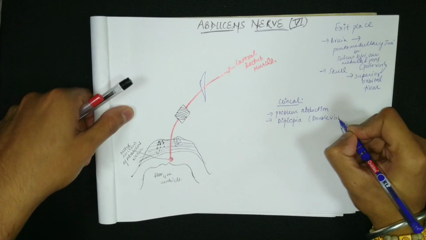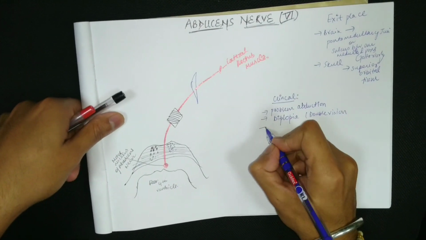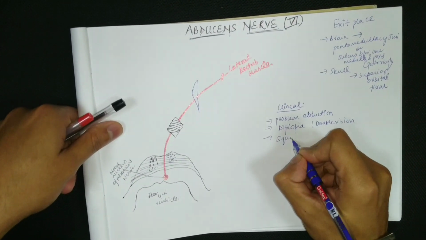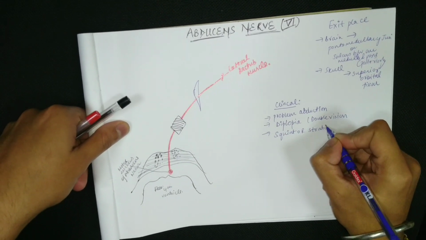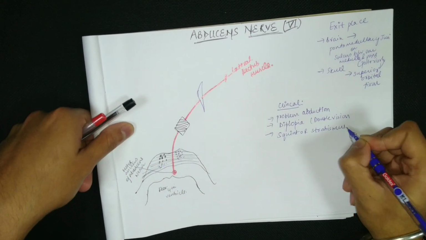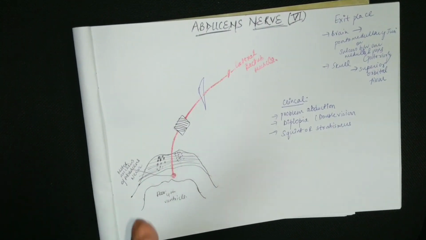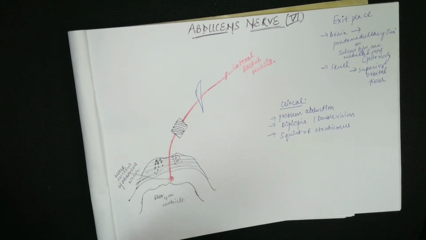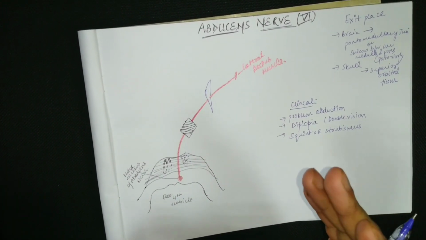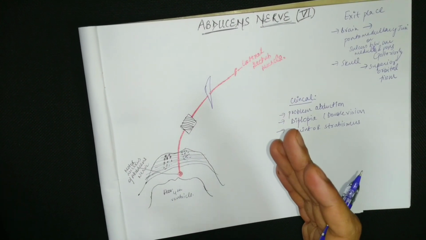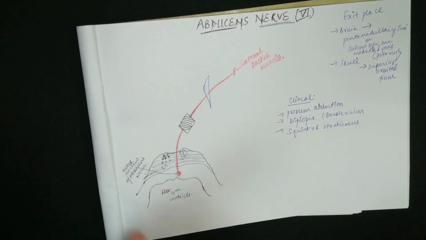One more important clinical feature of this is squint, or strabismus. The person's two eyeballs are not aligned in one direction. One eyeball is stable, but the eyeball of the other eye is turned either towards the medial direction or towards the lateral direction.